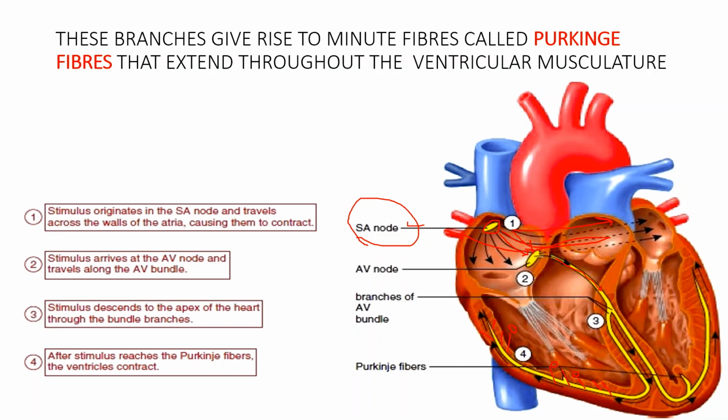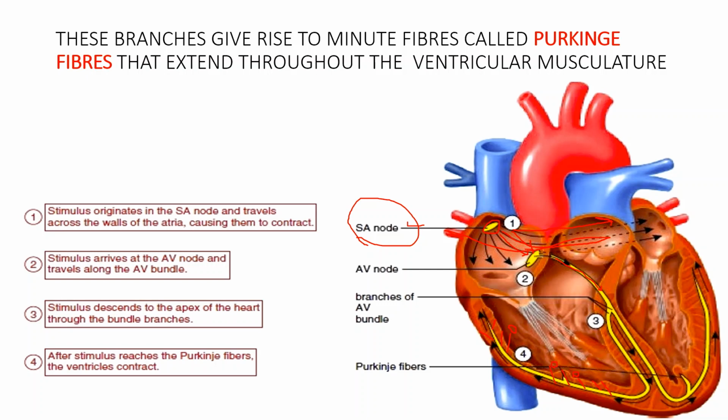These nodal tissues help conduct the action potential generated from the sinoatrial node, which passes to the atria and simultaneously reaches the AV node also. The AV node receives the action potentials and transmits them through the bundle of His, the right and left bundle branches, and into the Purkinje fibers.